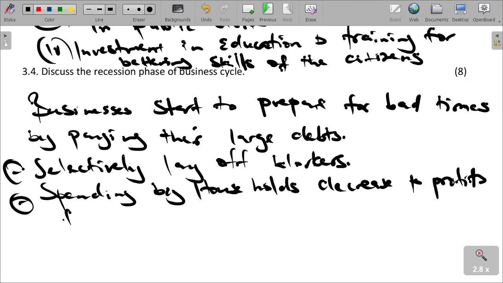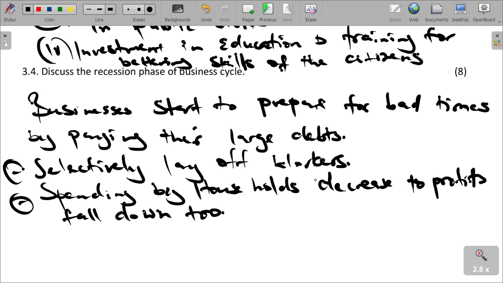Profits fall as a result of the decrease in spending by households. As long as households spend less, profits fall as well.